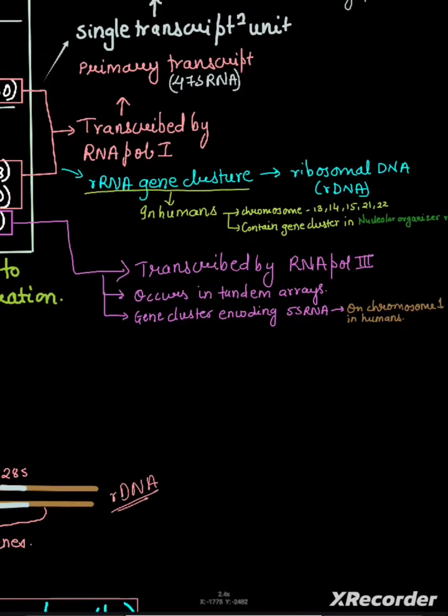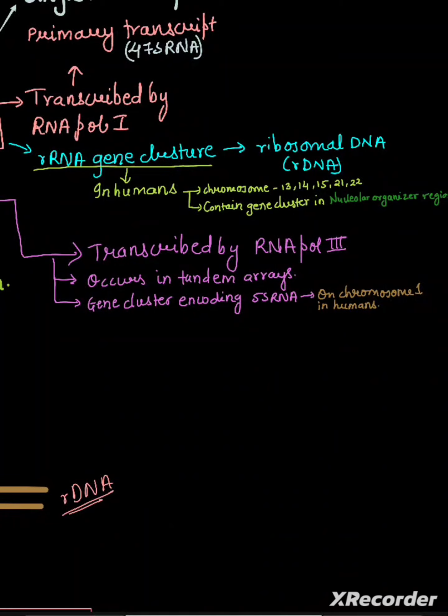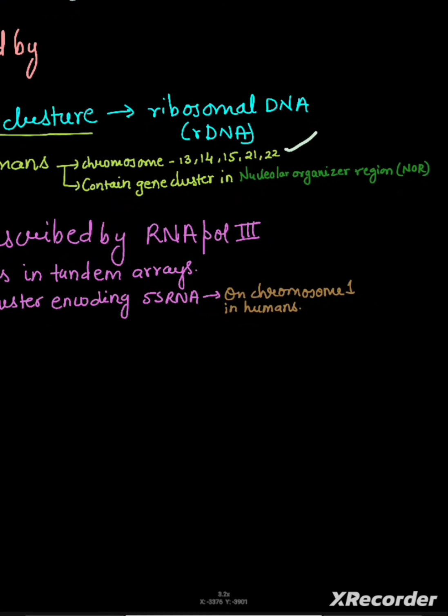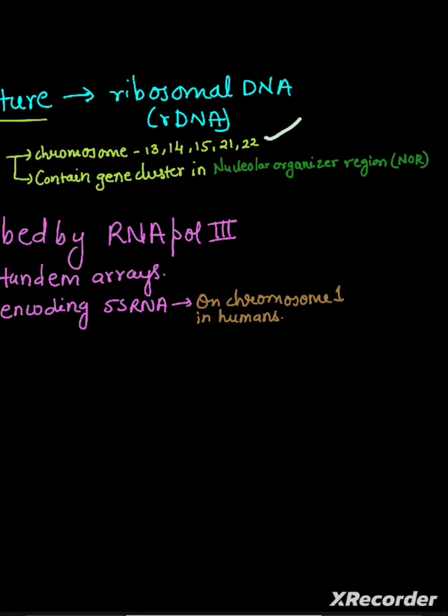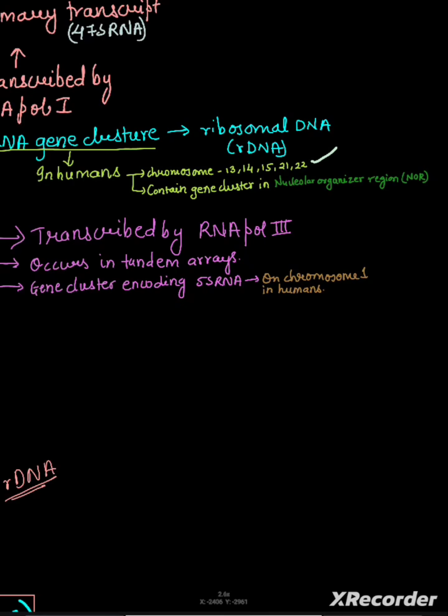In humans, they are on chromosomes 13, 14, 15, 21, and 22, and these gene clusters are present on the nucleolar organizer region, NOR. So humans contain these gene clusters in the NOR, on chromosomes 13, 14, 15, 21, 22.